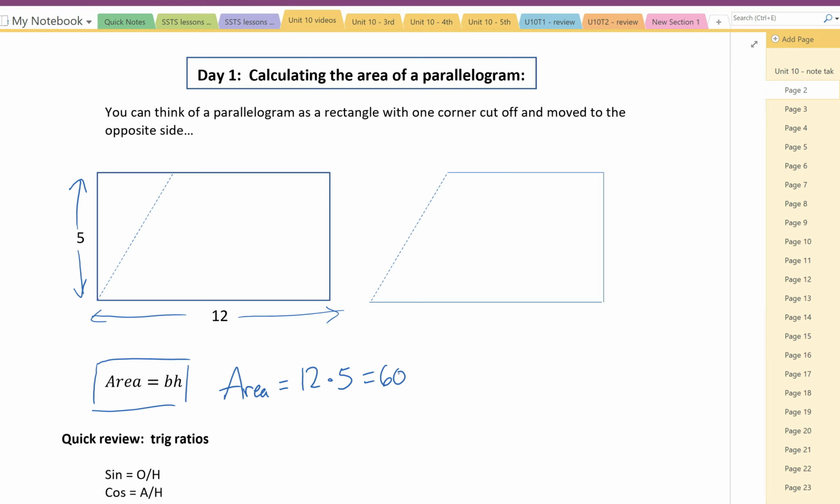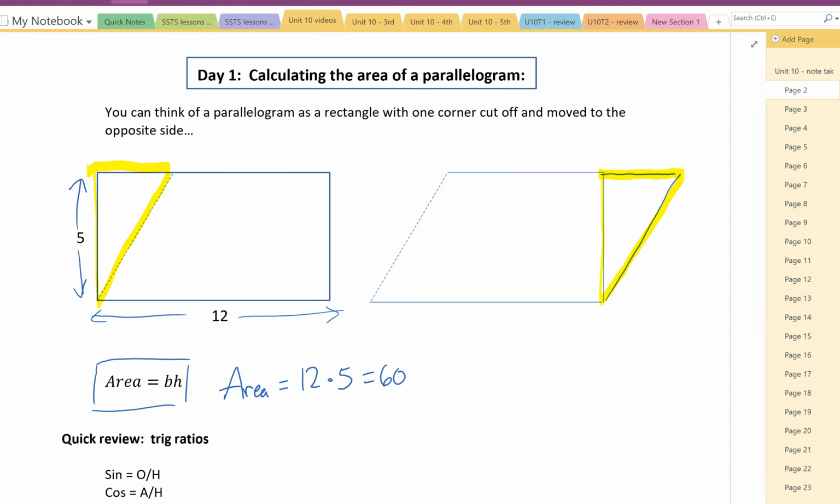What happens if I make a cut along this dotted line, and I take this triangle here and I shift it over here? So what I've done is taken this triangle right here, cut it off of this and moved it over to this side.